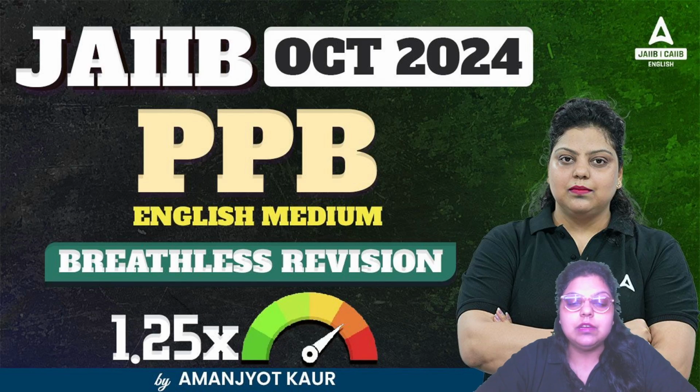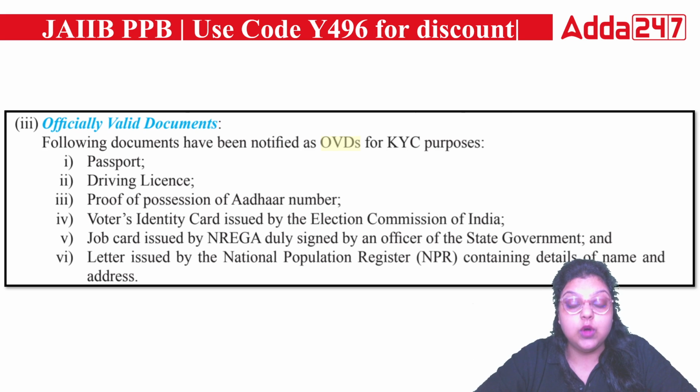So let's start with the very first important concept of official valid documents. Official valid documents are a certain set of documents which are useful for KYC purposes. KYC is simply a process, Know Your Customer, which has to be complied with by each bank and financial institution to know their customer. And to know their customer, they need a certain 6 sets of documents which give them the identification of the customer.